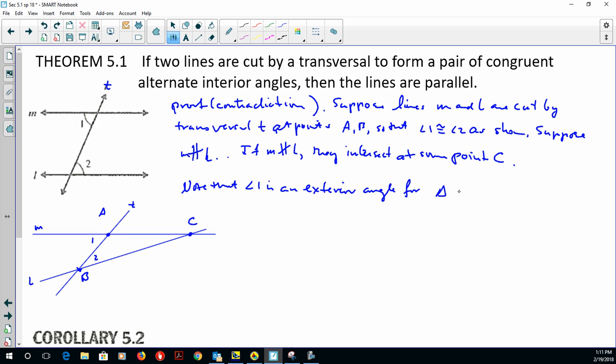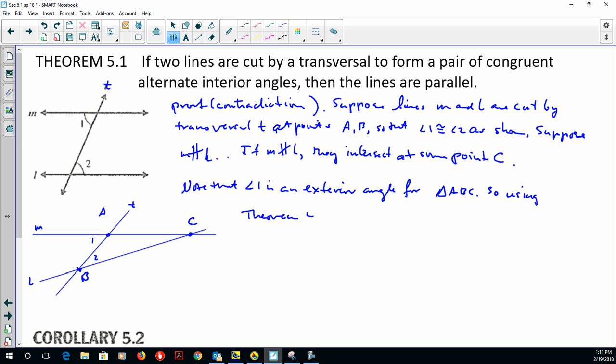This means we can use one of our theorems, which I had to go back and look up, 4.11.